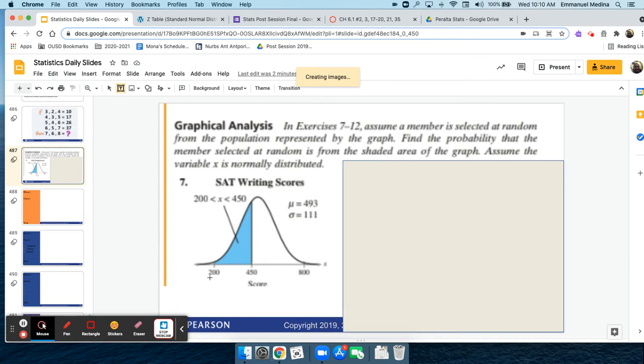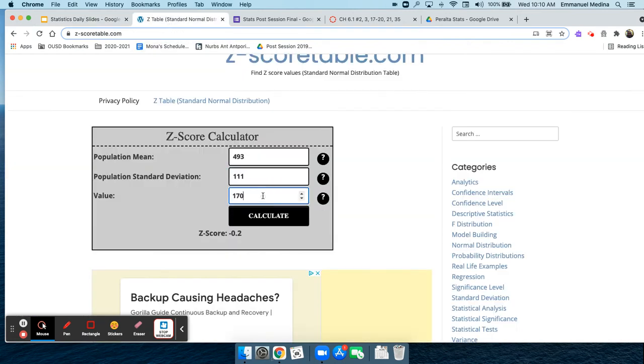So I'm going to look at the value for 450 first, and then I'm going to subtract the value at 200. At 450, it says the z-score would be negative 0.387.